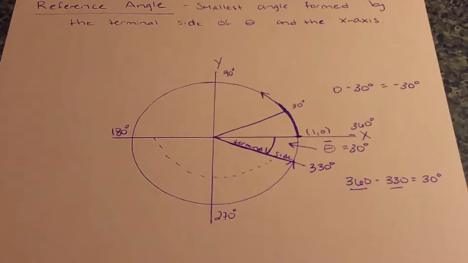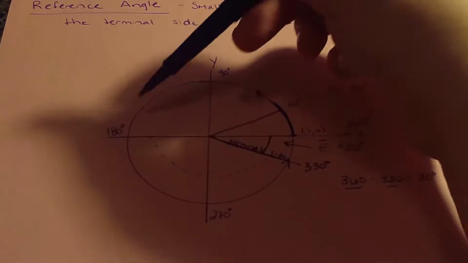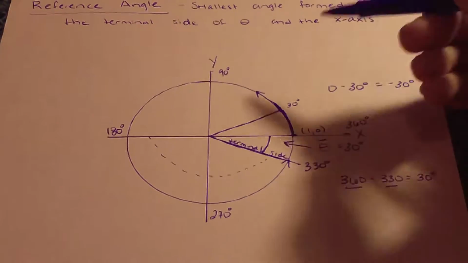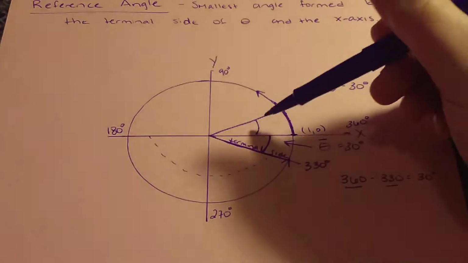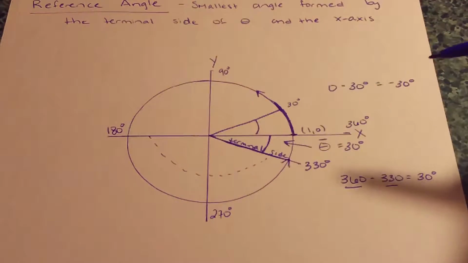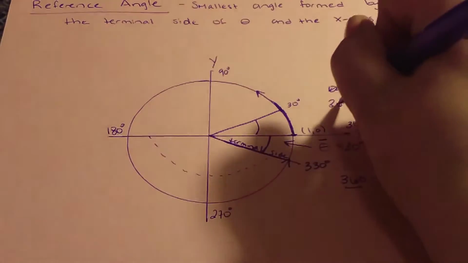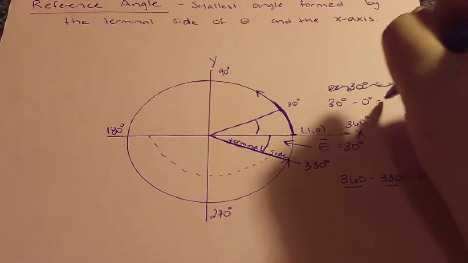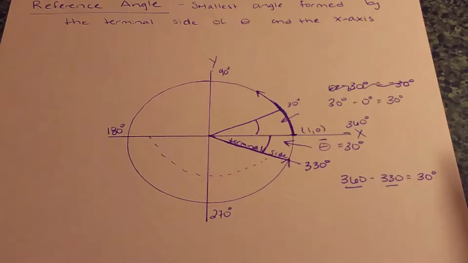So you don't want a negative reference angle. You will have to be a little creative on each of these. There's going to be a slightly different process, but all you're looking for is that gap between the terminal side and the x-axis. In this case, I would want to do 30 minus 0 to get a positive gap, or difference, of 30 degrees.